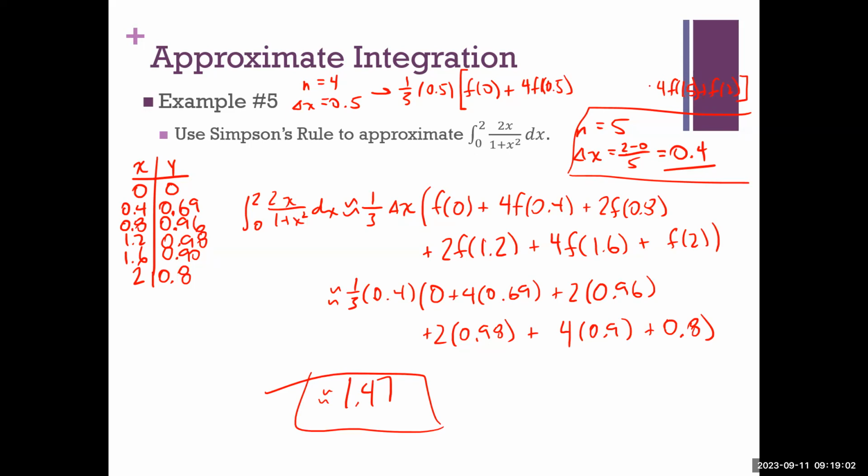Okay, so if we handle in pairs, this might be easier to see the way the coefficients drop in. So now, what are the next 2 terms going to be? Those are going to have coefficients of 2, right? But how many more terms are left? 1. Just the 1, right? So in this situation, I just have the 1 coefficient of 2 right in the middle. Because in this case, I do have a middle term, because I have an odd number. Did that answer your question? Okay. Anything else? Okay.